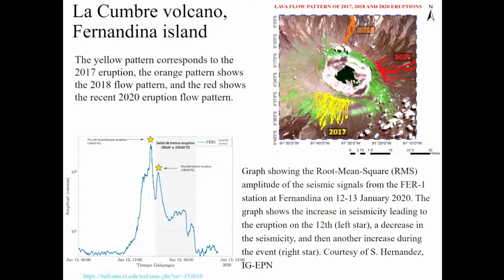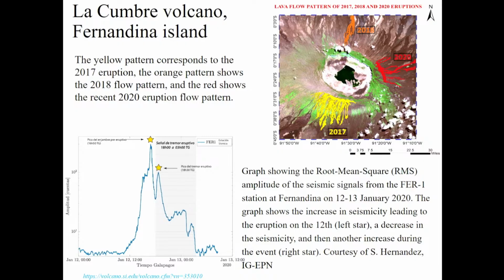Now here you can see the yellow color, this is the lava flow which came out due to the volcanic eruption in 2017, and the orange color is in another direction here, and this is due to the volcanic eruption in 2018, and for 2020 it is represented in red color.